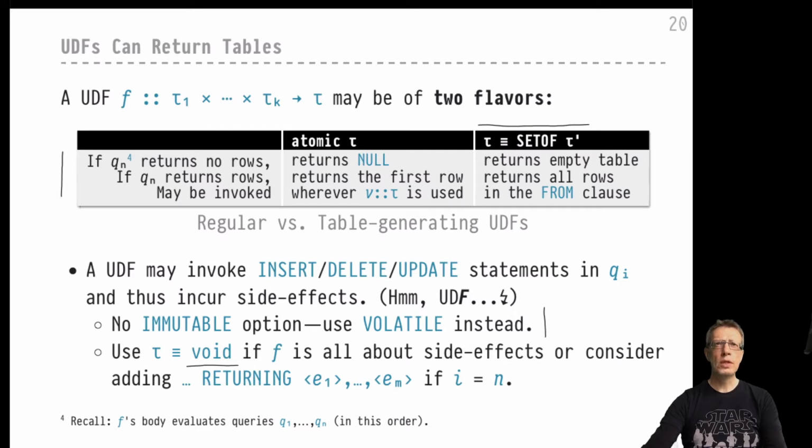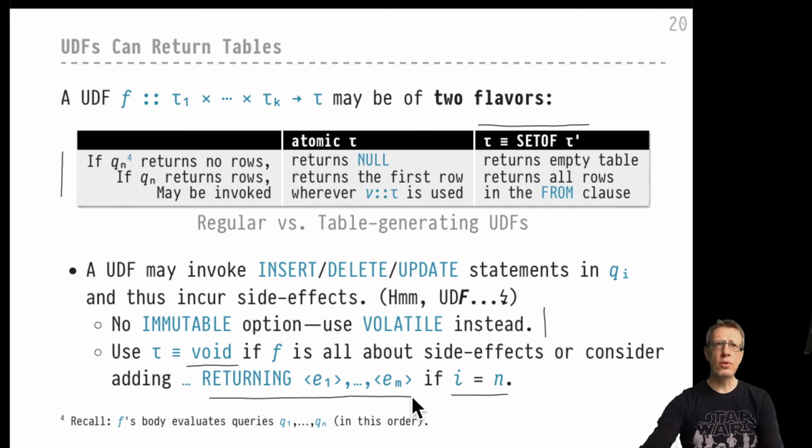Or if your state changing statement is really the last query inside the body of f, so if i here is indeed n, so Qi is indeed the last query, then it might be worth considering extending this query Qi with the returning keyword.